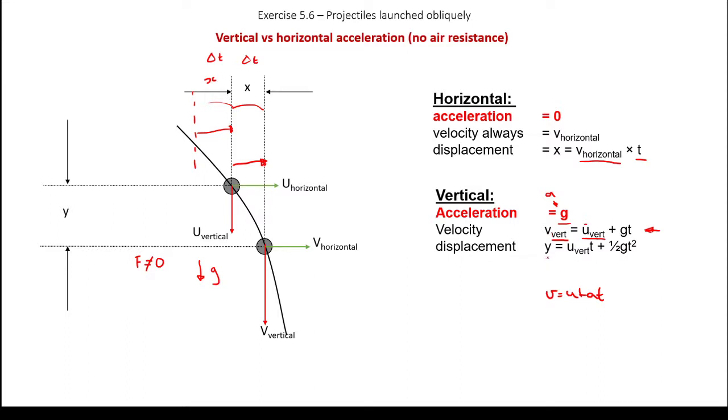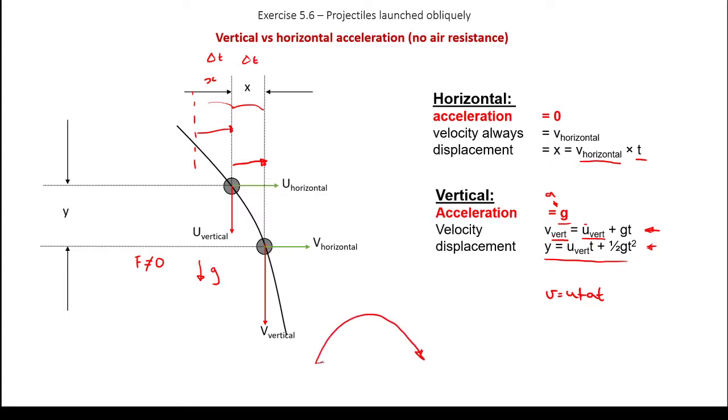Same with displacement, we can calculate it using our initial vertical component and then gravity's impact. Now, these equations are written with a plus there because it is plus at. You need to be really careful with these two equations about which direction you take as positive. Because most of the time you're going to be dealing with something launched like this.